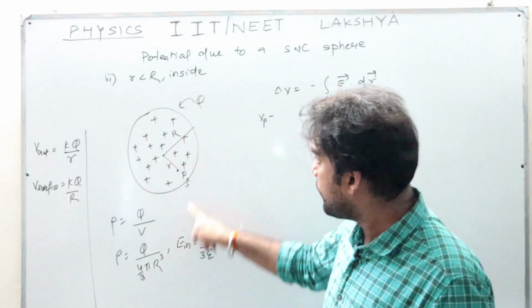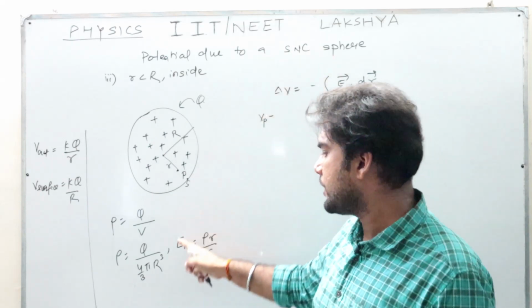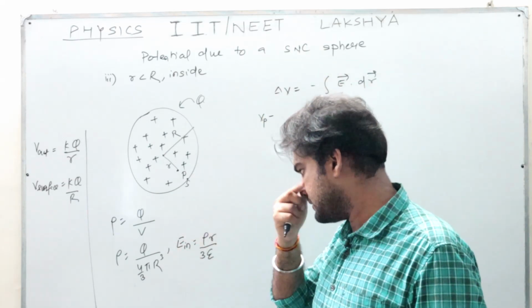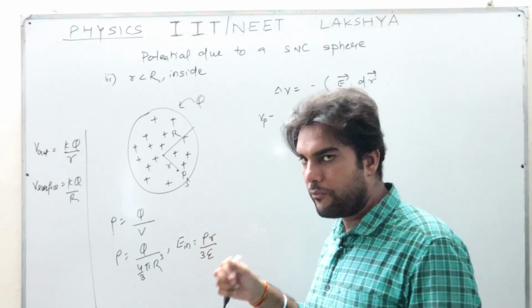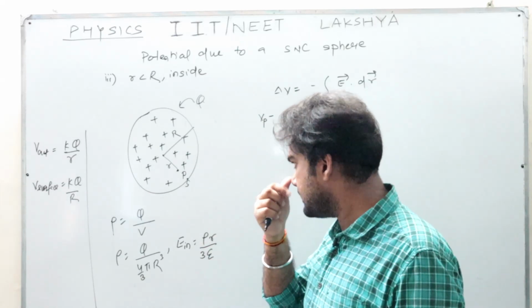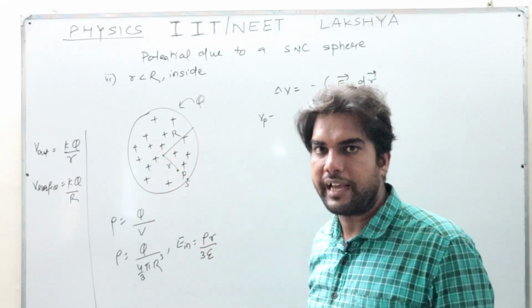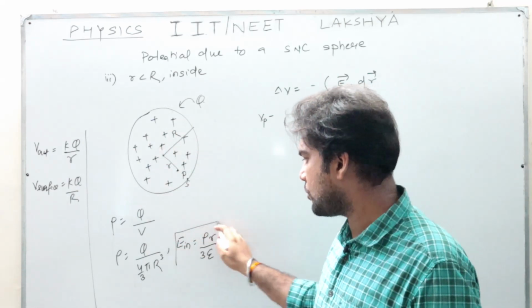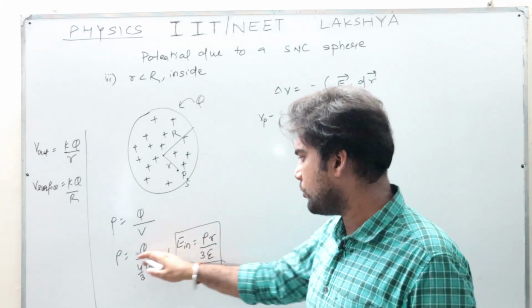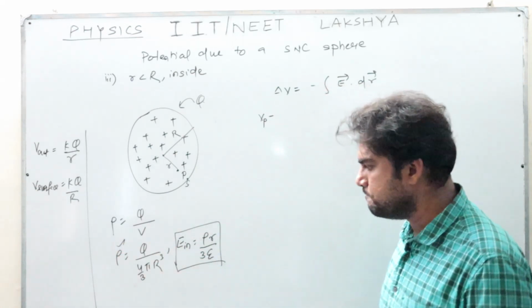So the formula for the electric field inside a solid non-conducting sphere is rho r by 3 epsilon. Why am I saying epsilon? Because the inside material is filled with some dielectric whose dielectric constant is epsilon. Rho means the volume charge density.